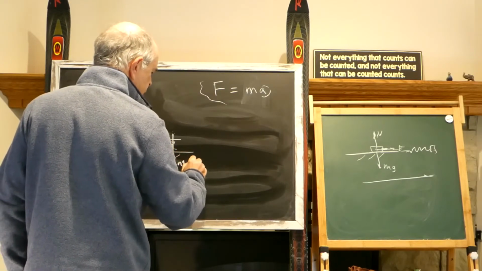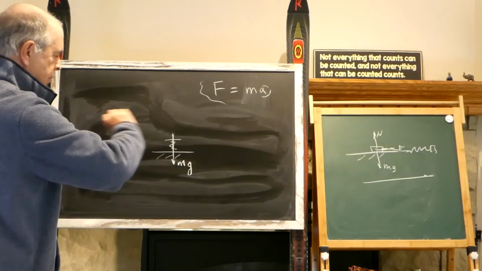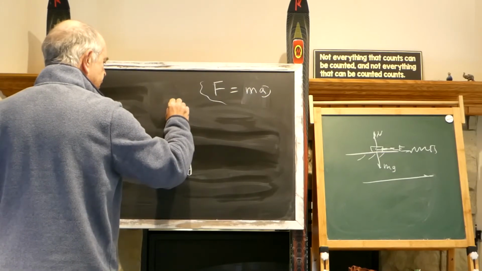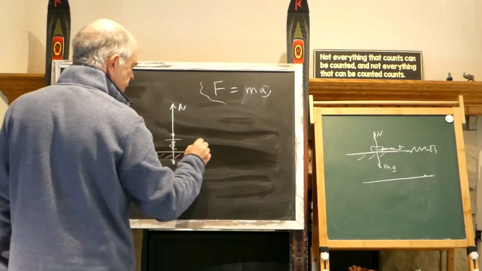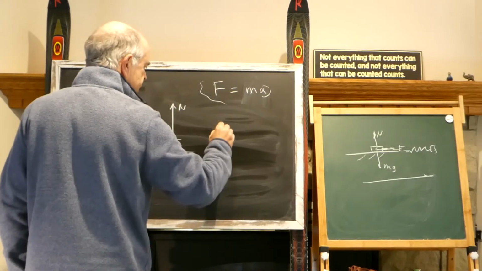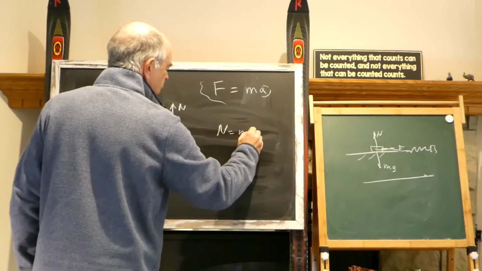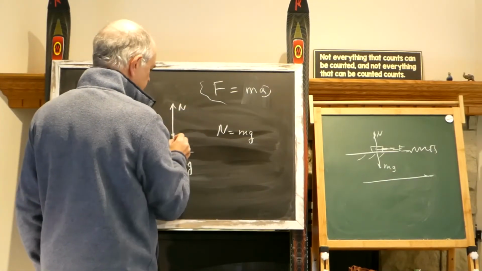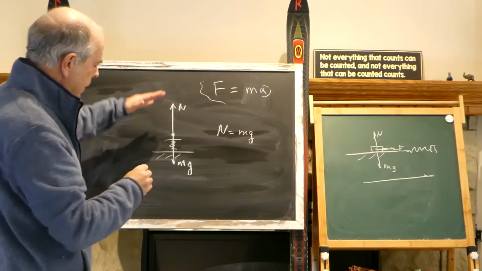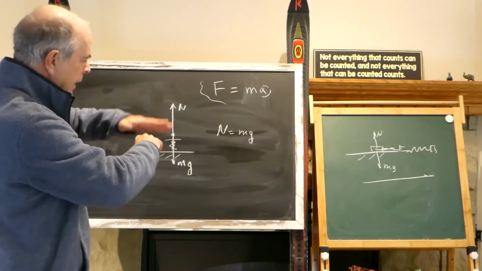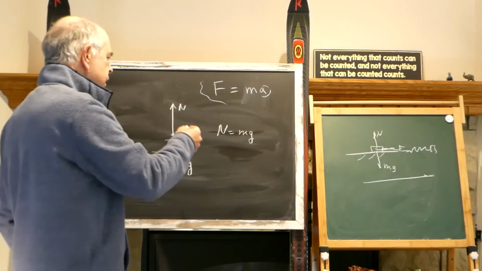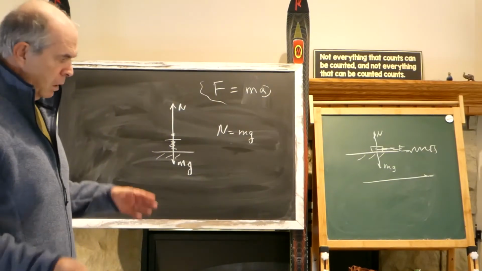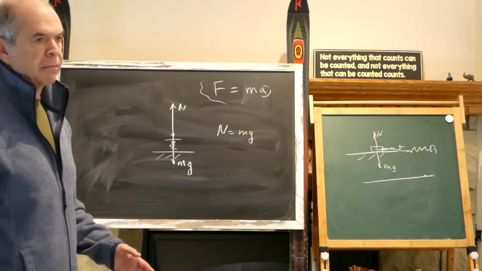One force on the body is mg, which is gravity, nothing else, and another is N. And this N is from this spring, and we know that if everything is balanced, N equals mg. We can measure N, because this is like calibration of the spring, by how far the platform moves down, so we know N, and then we divide by g and we get m. And this is a perfect way of determining the mass.